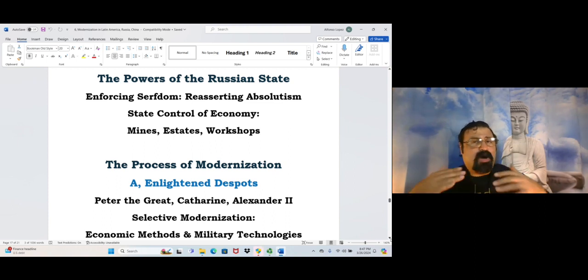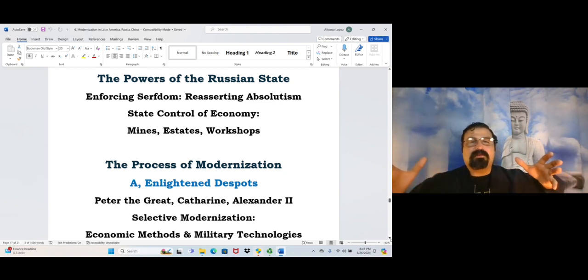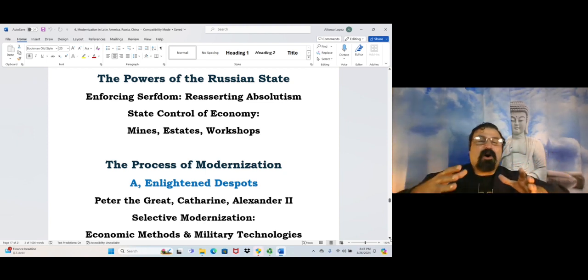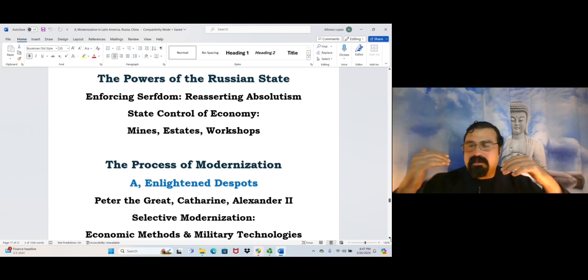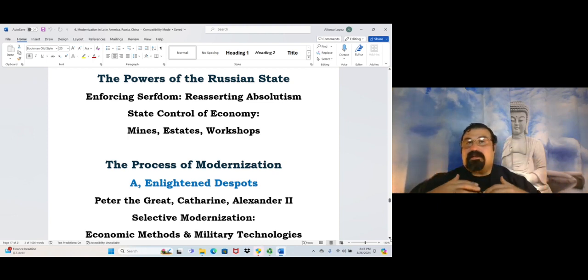Now, the Russian state, by the 1600s onwards, is going to increase manifold. Okay? They are indeed trying to create a more efficient economic system.